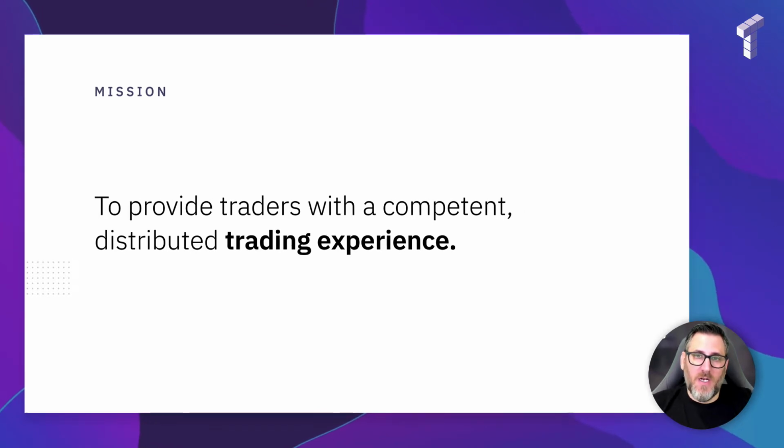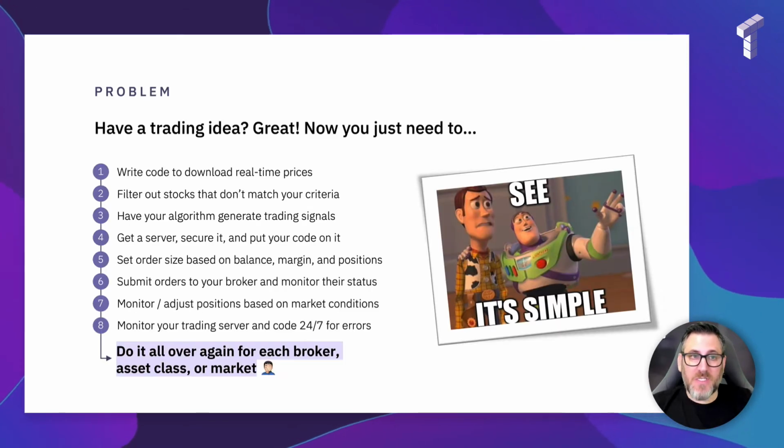Now, before we understand how the different components in Tradologics work and integrate together, let's take a look at how an algorithmic trading workflow looks today. So I use this slide a lot, because that's a problem that we're all facing. Once you have that trading idea and know how you're going to make a gazillion dollars in the stock market, you usually have to go through a lot of different stuff. You have to download real-time prices. You need to write the code for that. You need to write the code to filter out stocks that don't match your criteria.